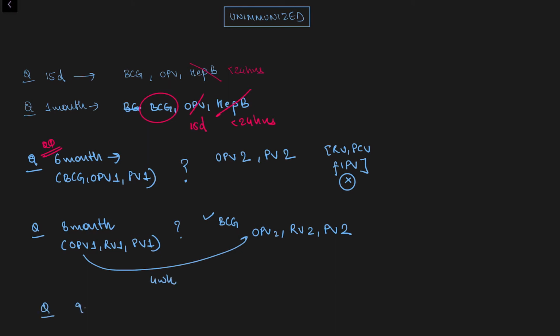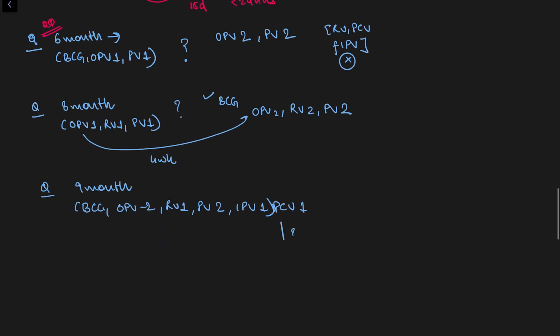Next question is a 9-month-old child who has received BCG, OPV second dose, rotavirus first dose, pentavalent second dose and IPV first dose along with pneumococcal vaccine first dose. So for pneumococcal, the gap of 8 weeks should be maintained, and for others, the gap of 4 weeks is required.